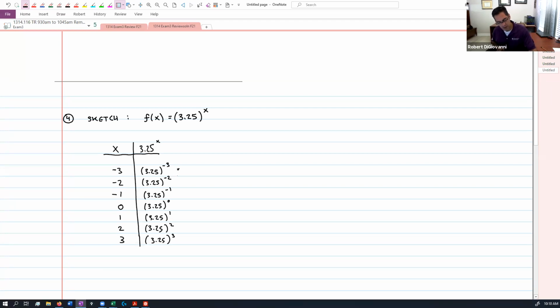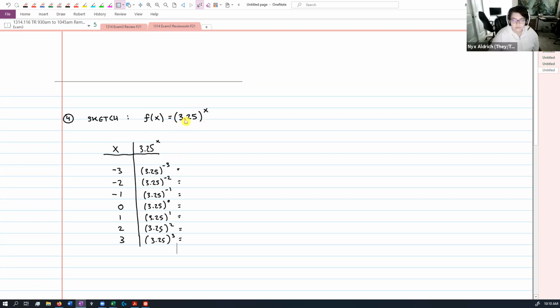And you're going to get those as decimals. I might ask you on the test to sketch it, but I also may ask you, is this exponential growth or decay? Can you tell me from just looking at this?